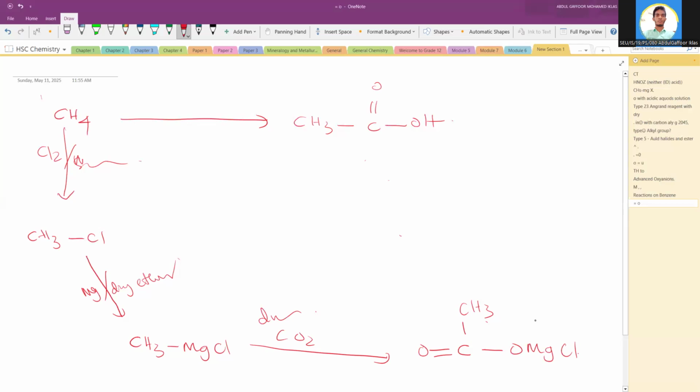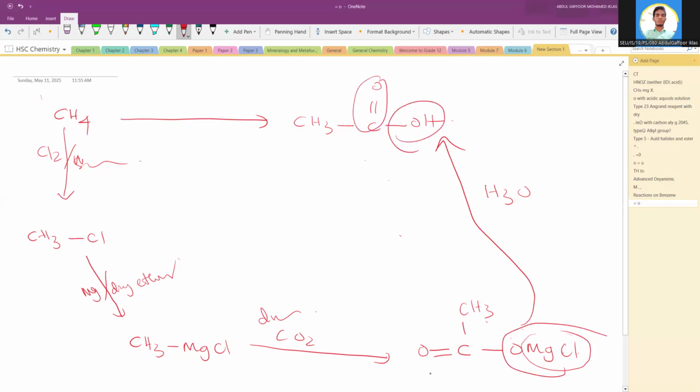Again, if you put H3O plus, what will happen? This will become H. So OH is here, and this double bond O is here, and CH3 is here. Is that clear? Is it confusing?